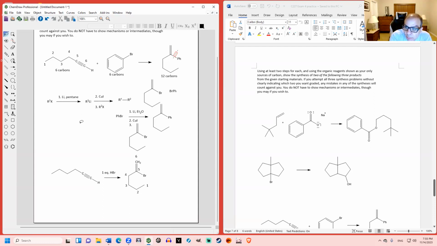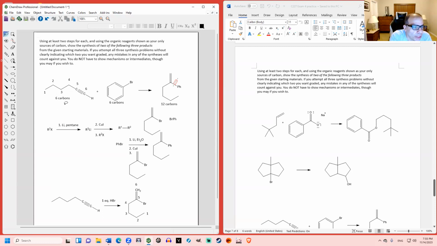So we'll do more examples of synthesis problems tomorrow. But the idea behind a synthesis problem is, first of all, counting carbons to see where everything comes from in the product. And then starting from the product and working backwards, can you make something that looks a little more like the starting material? And how would you do that reaction?